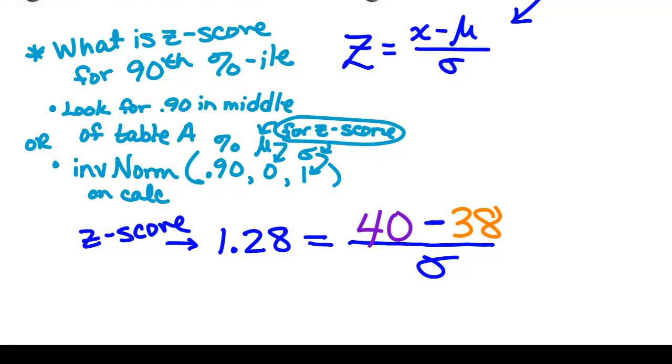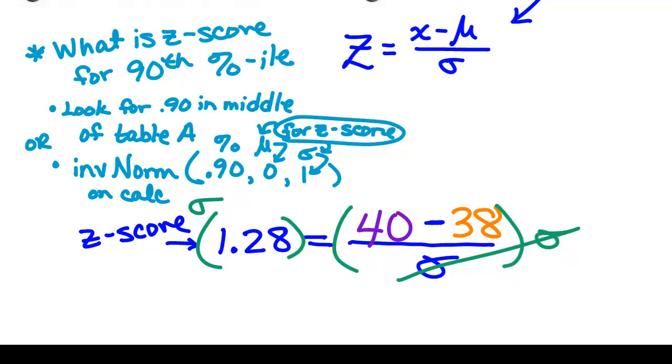And now I can use some basic algebra to finish this out. I'm going to multiply both sides by sigma. That'll cancel my denominator, so I'd have 1.28 sigma equals, let's see, 40 minus 38 would be 2. And then I just divide by 1.28.